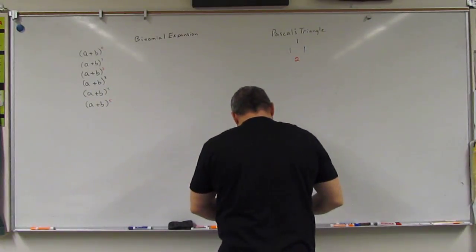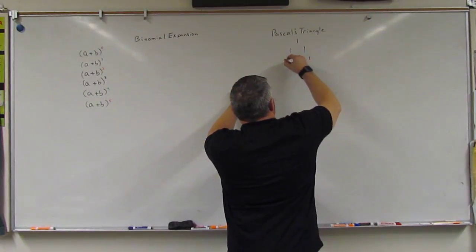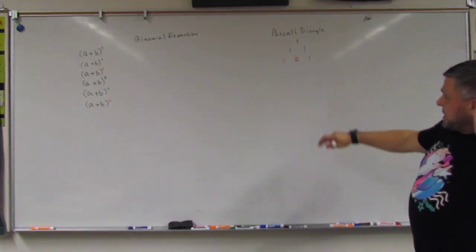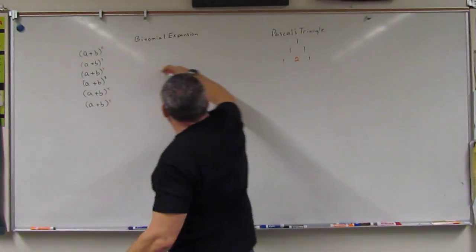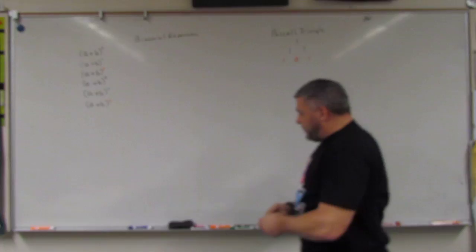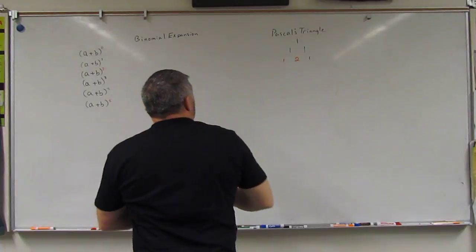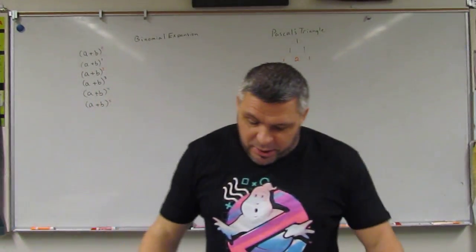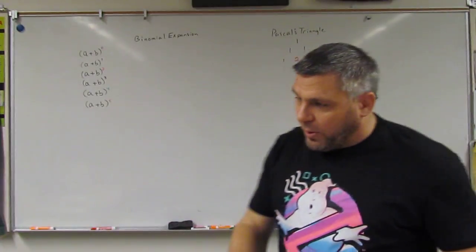And then on the other side, you have 1 and 1. Does that make sense? So that goes with this line. Okay? So 3, that's purple, right? So we're going to go with, well, what's 2 and 1?